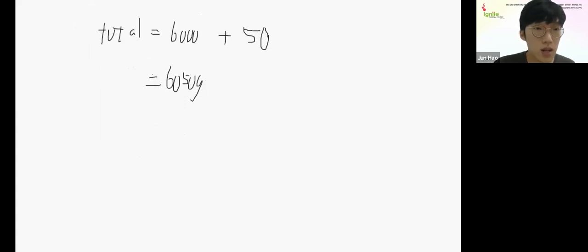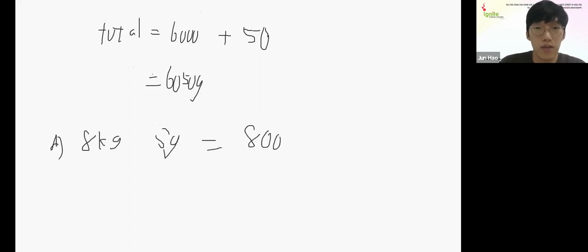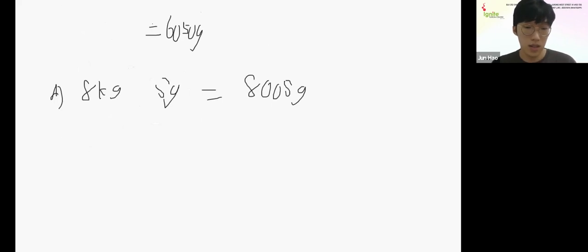And then last one will be 8 kg and 5 grams, which will equal 8005 grams. Okay, Venice, for your homework, do everything until question 8.